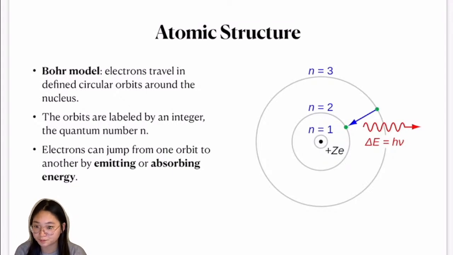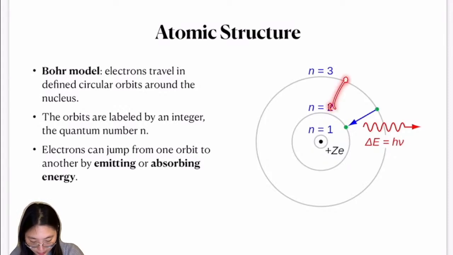a lower amount of energy. So first off, Bohr proposed that electrons can only reside on certain energy levels, and he also proposed that if electrons want to move between the energy levels, or between the orbits, the electrons must be emitting energy or absorbing energy. Emitting means releasing energy, which occurs when the electrons jump from a higher energy level back to a lower energy level.